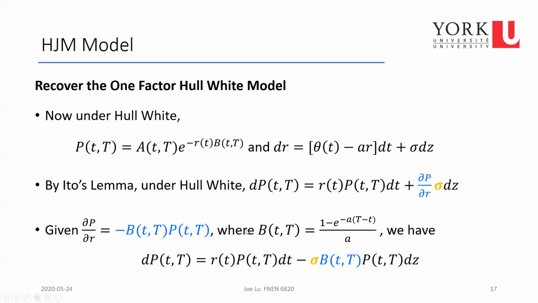So now we have demonstrated that we can specialize the volatility terms of the HJM process, and depending on how we specialize that, whatever restriction we put on, we can recover different short rate models that we have seen earlier.